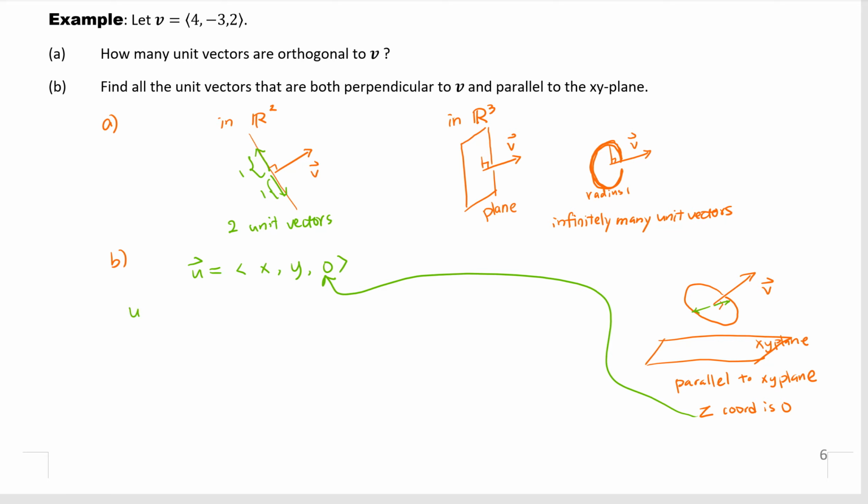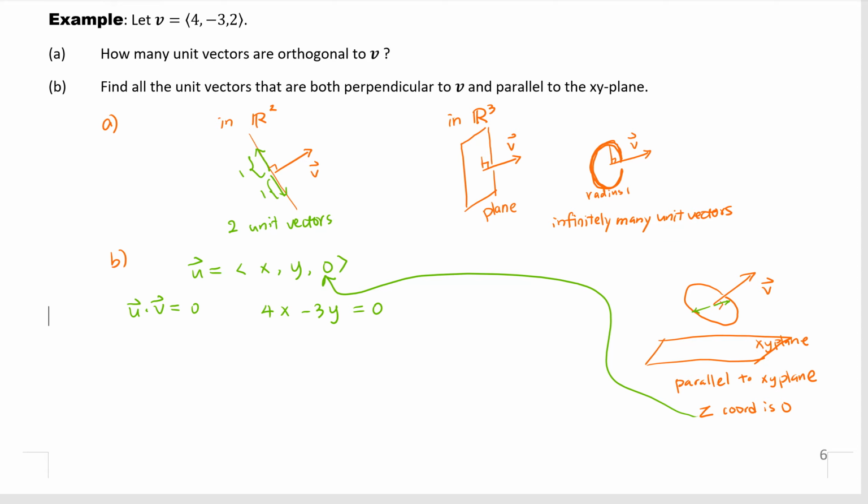Then because u dot v is 0, we get 4 times x minus 3 times y plus 2 times 0 equals 0. So this is what it will give us: the dot product with v is 0.